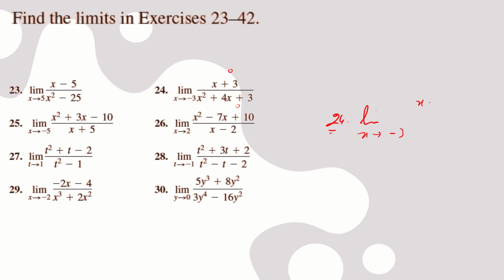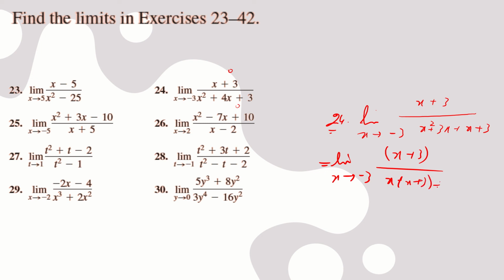The numerator is x plus 3, divided by x square plus 3x plus x plus 3, which is equal to limit x goes to minus 3 of x plus 3 divided by x plus 3 into x plus 1.